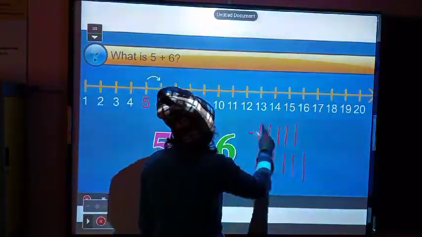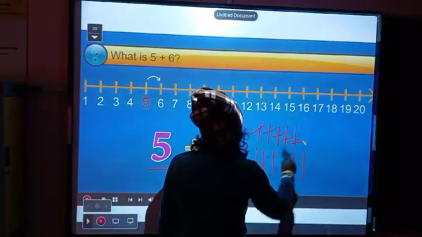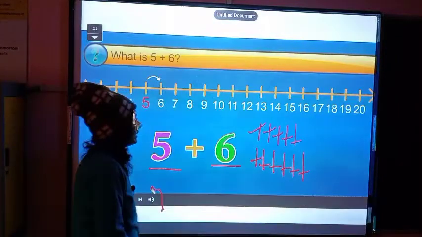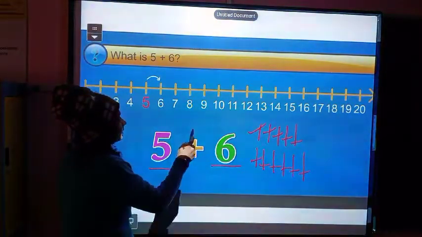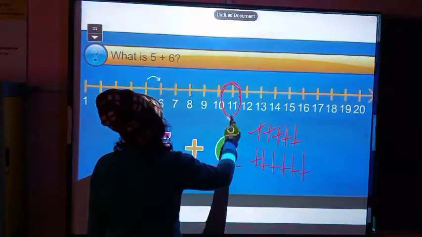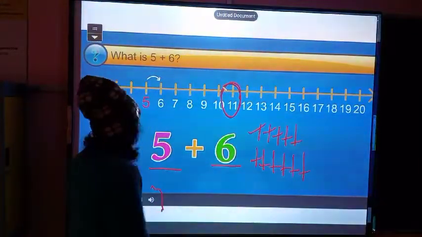Then total 1 2 3 4 5 6 7 8 9 10 and this one is 11. So what is the result? This is 11. So where is the 11 on the number line? This is the 11.